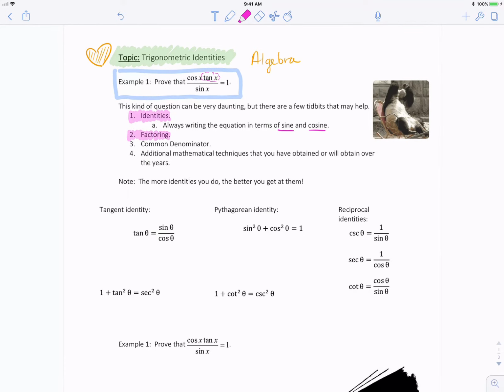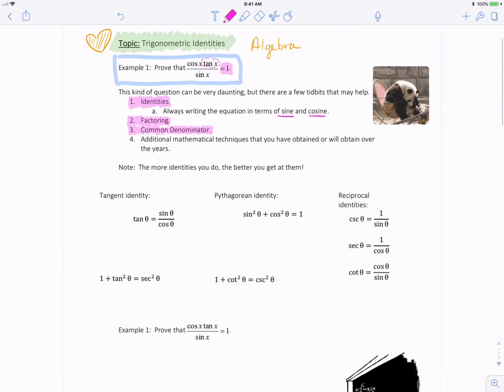Factor helps me to reduce my fractions. If I have a fraction, or two different fractions, I want to look to make common denominators. And the very fourth thing that we're going to do is any other techniques, so maybe multiplying through by a coefficient or anything, to make sure that my final answer equals the value on the right. So in this example, equals 1.